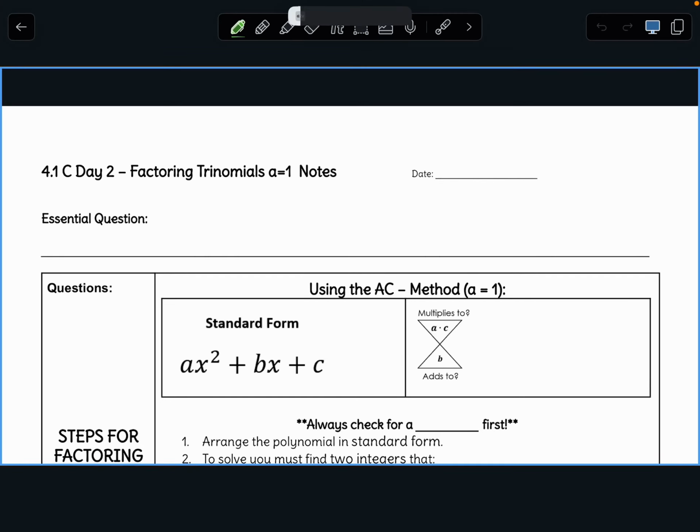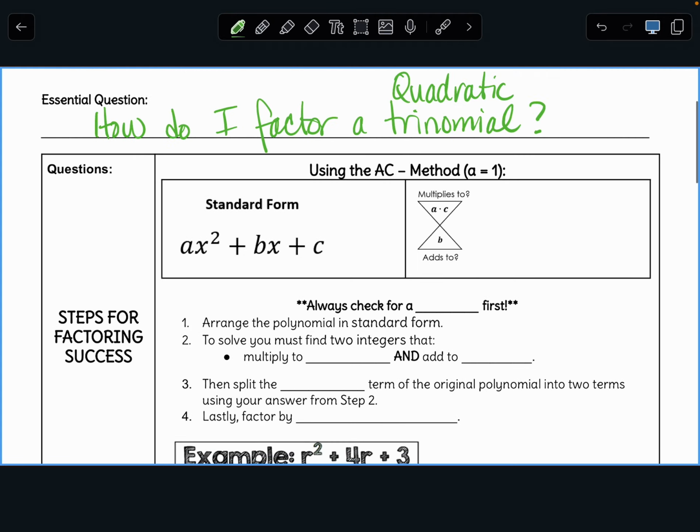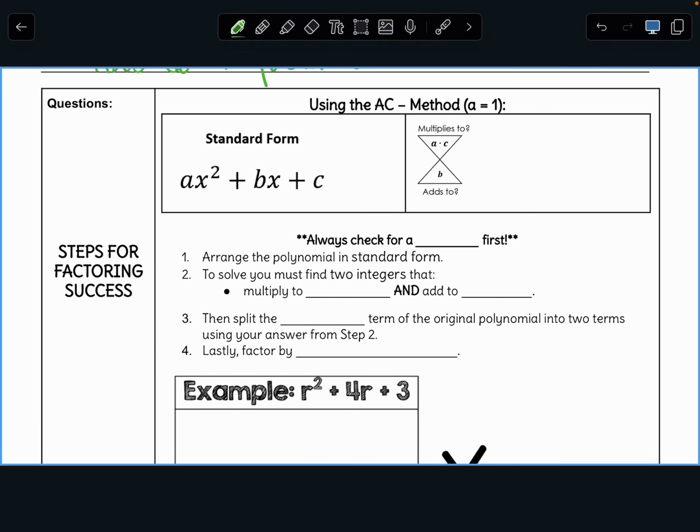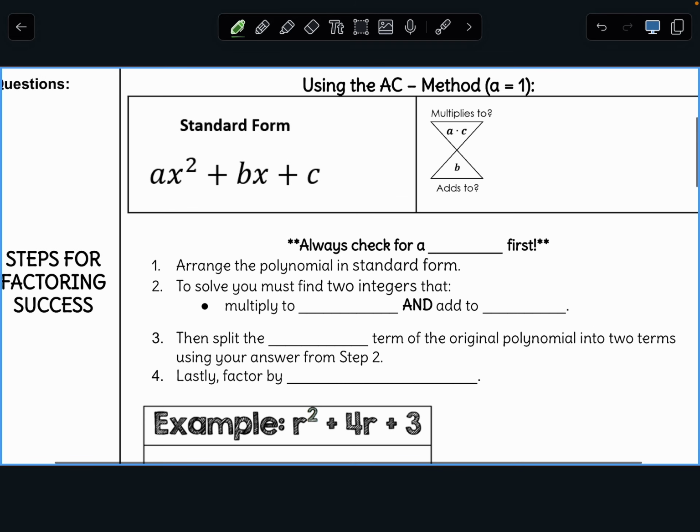So this time we're going to talk about factoring trinomials. A couple things about factoring trinomials.